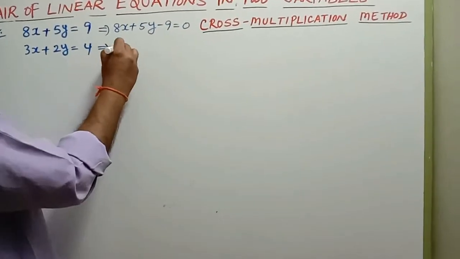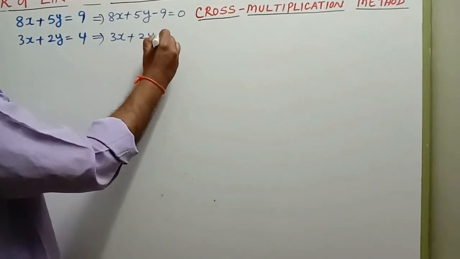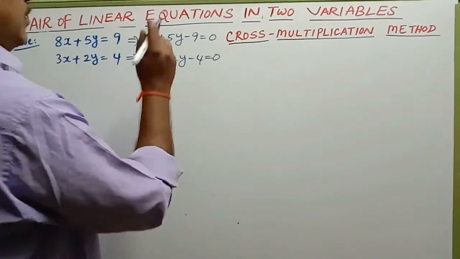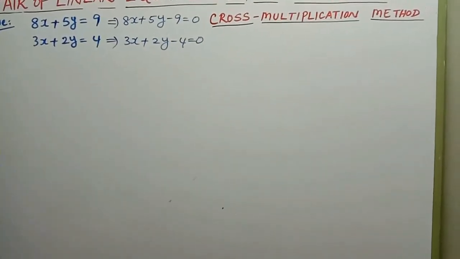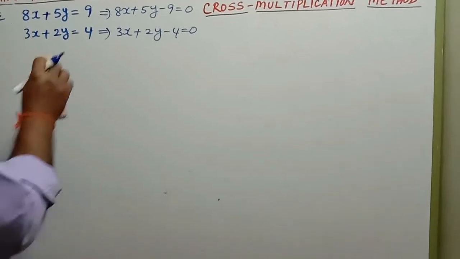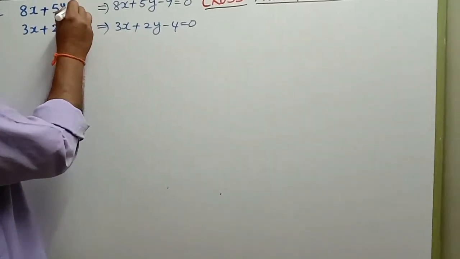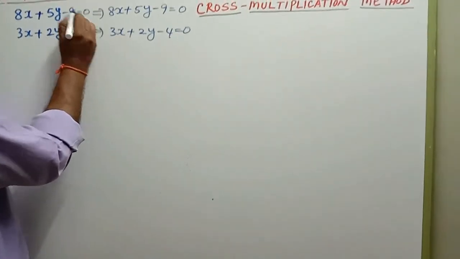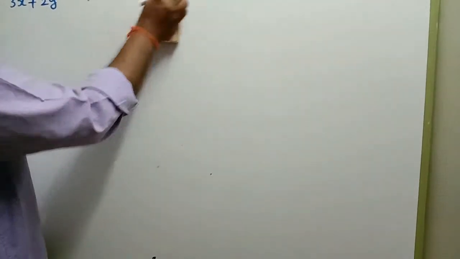What is the general form? This equation is 3x plus 2y minus 4 is equal to 0. So these two are in general form. Now I will write the general form: minus 9 is equal to 0 and minus 4 is equal to 0.